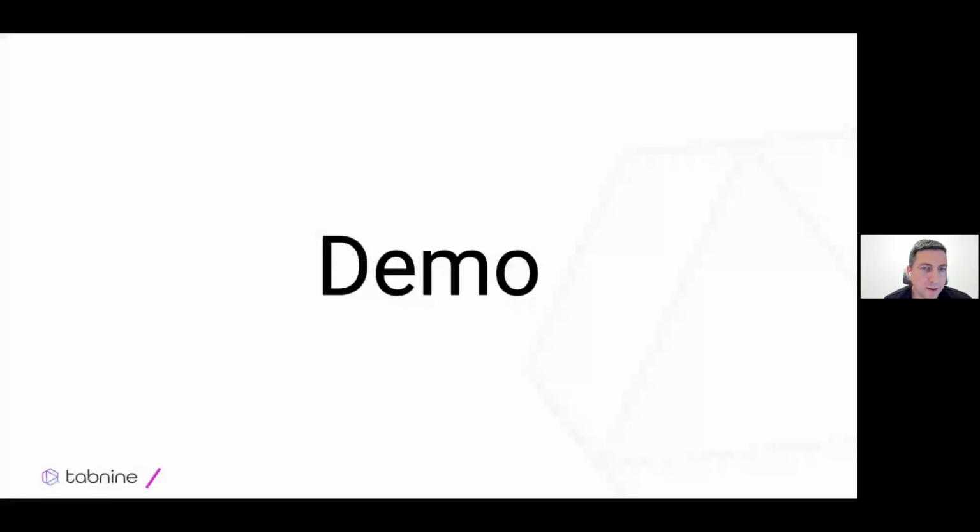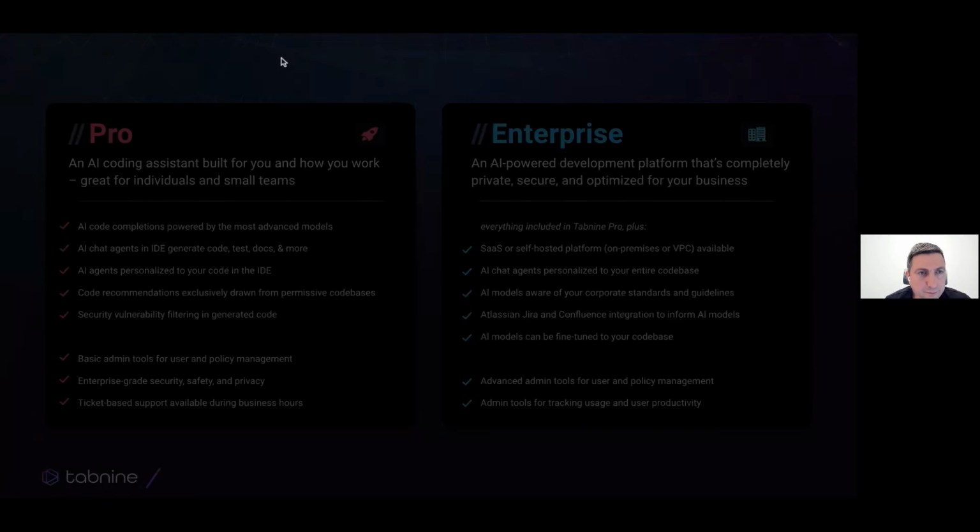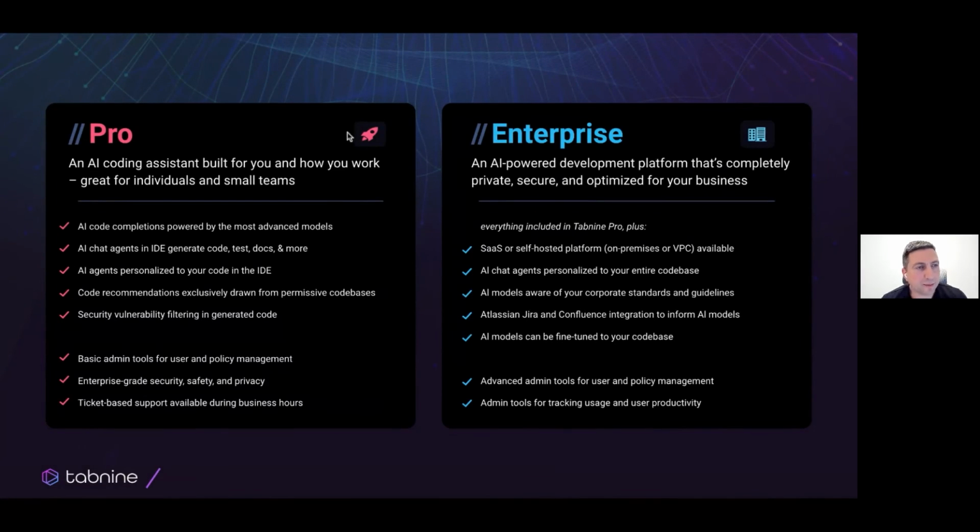So let me just finish off by going back to my slides, which I have to find. All right, so you can get Tabnine either as a Pro account, where you get AI code completion just for you.